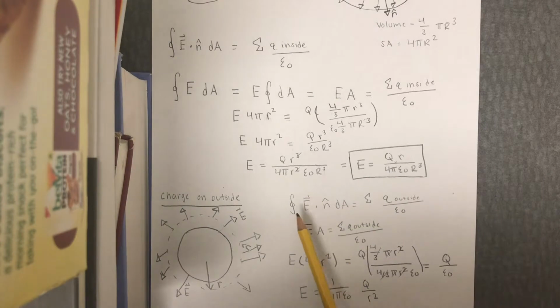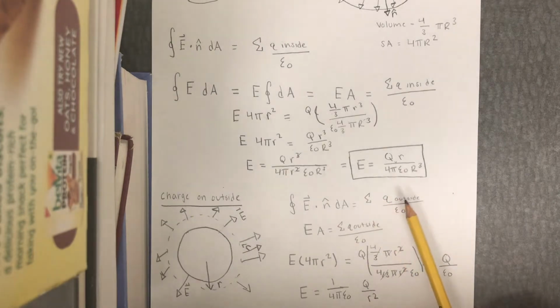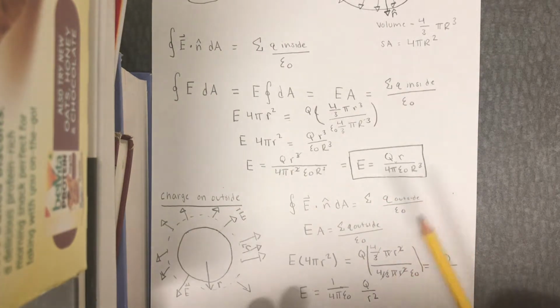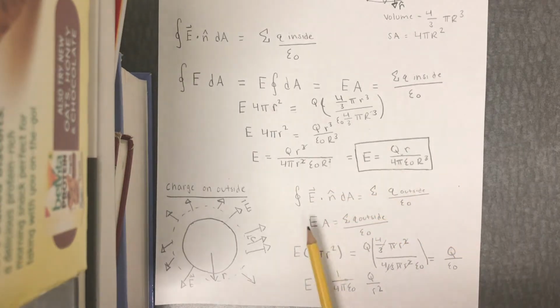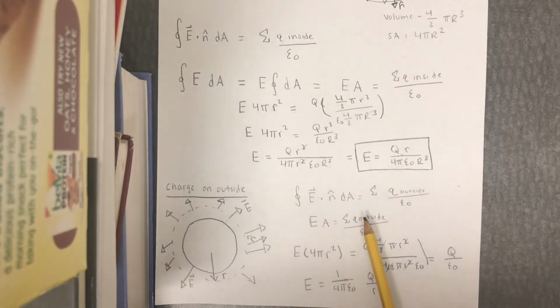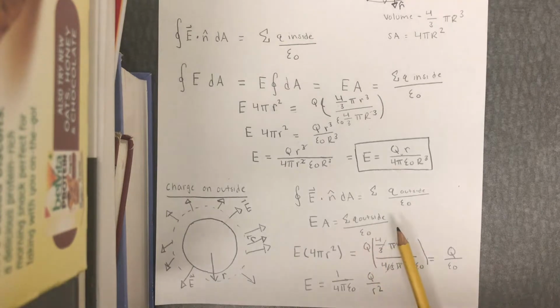So using Gauss's law, E dot n hat dA is equal to the sum of the charges inside divided by epsilon naught. When we do the integral of dA, we're left with EA equal to the charge divided by epsilon naught.